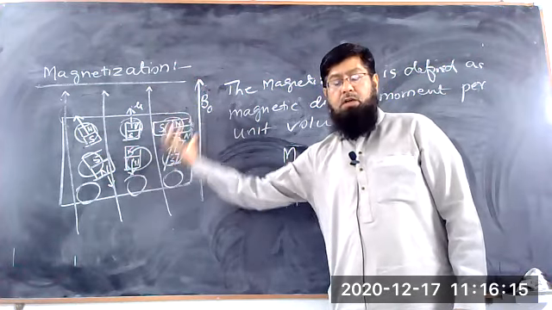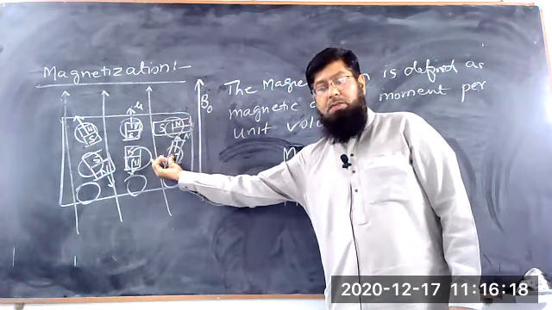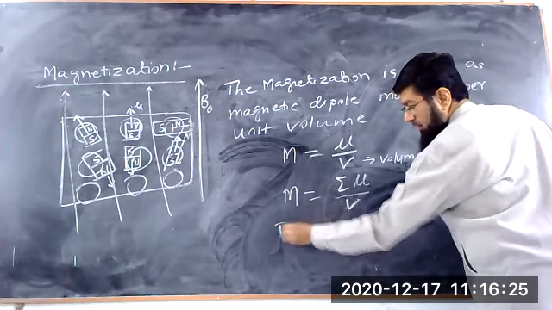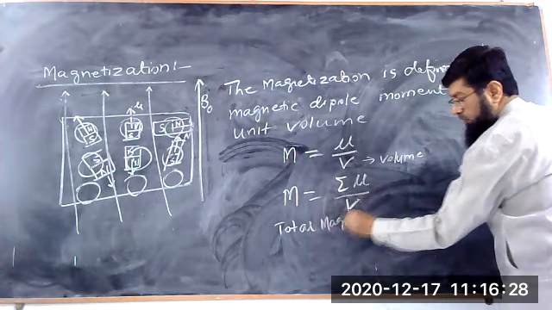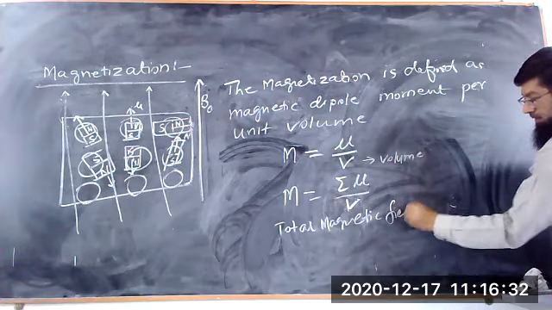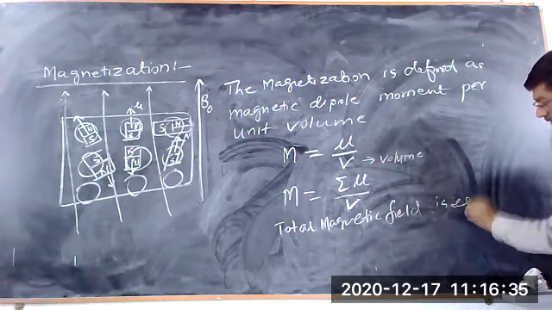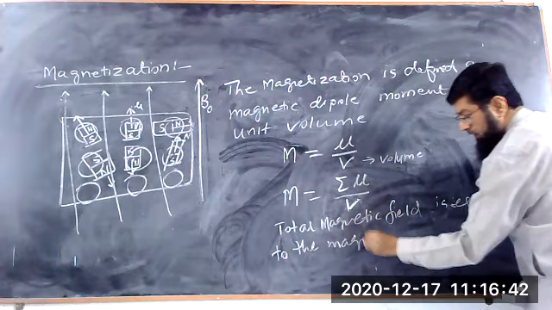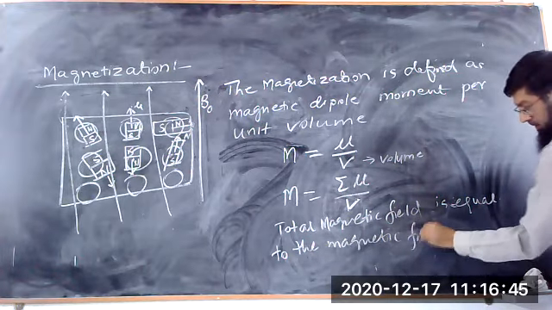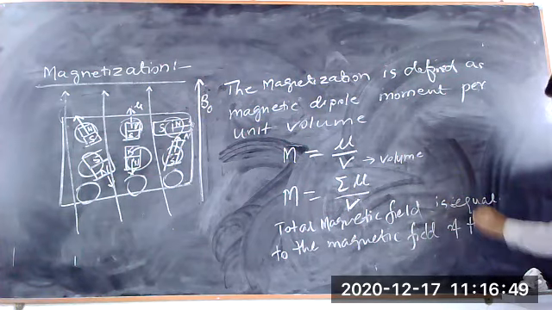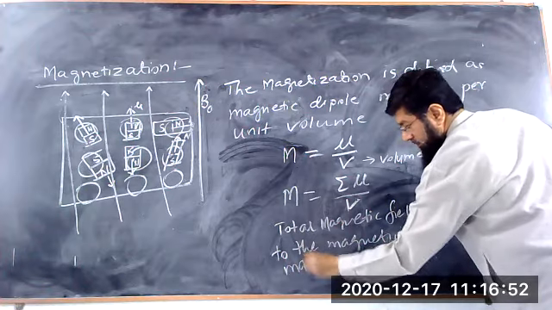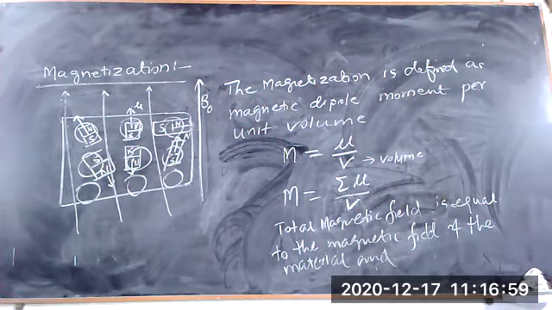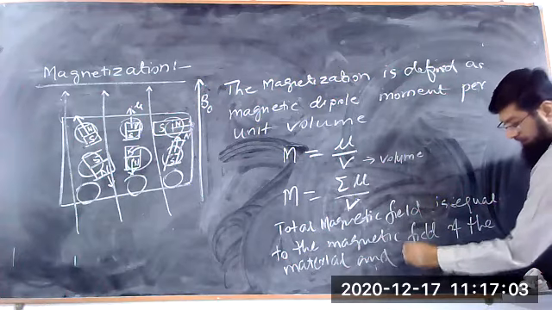So within the material, the total magnetic field is the magnetic field of the material plus the external magnetic field.